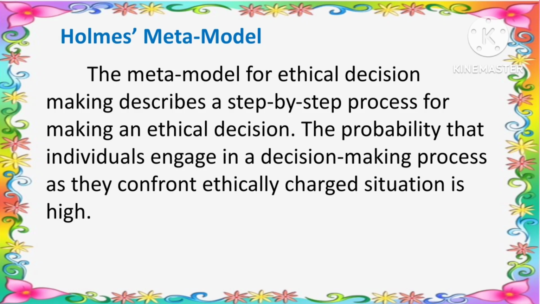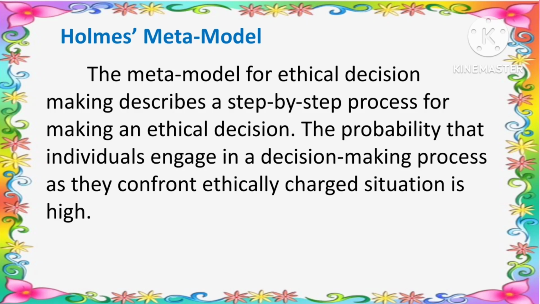Holmes's meta model will help us understand the step-by-step process in making decisions. This meta model for ethical decision making describes a step-by-step process for making an ethical decision. The probability that individuals engage in a decision-making process as they confront ethically charged situations is high.